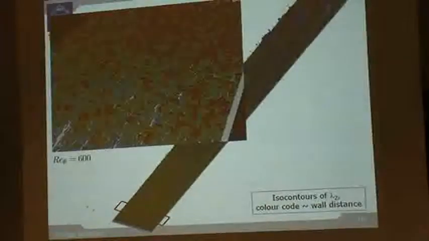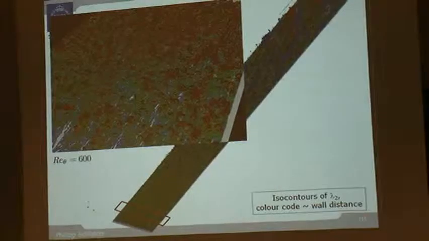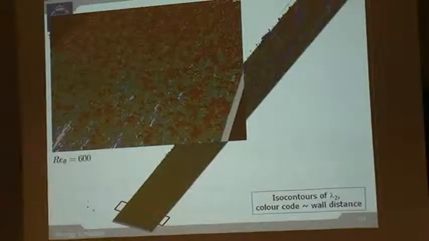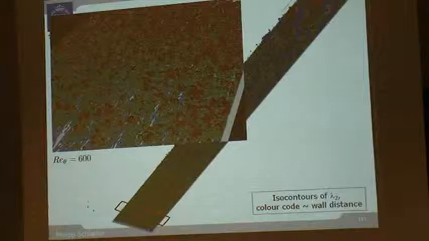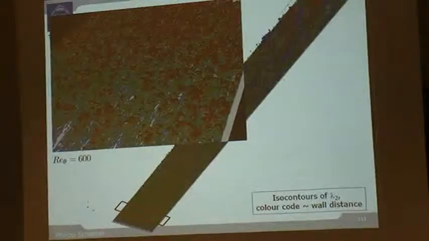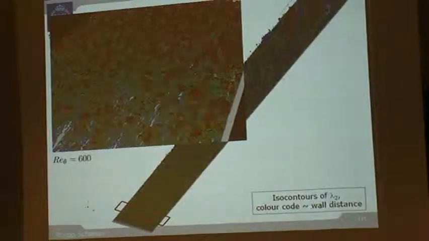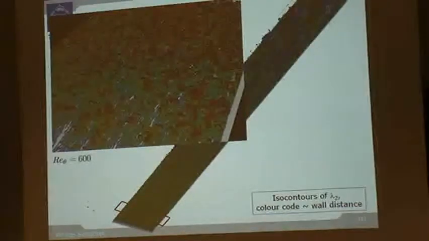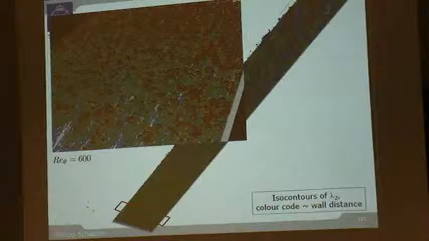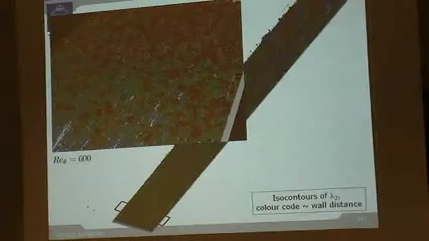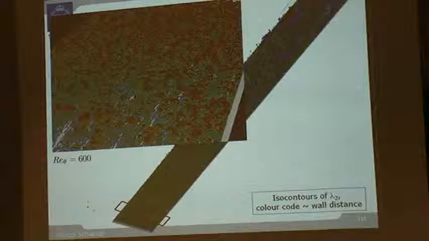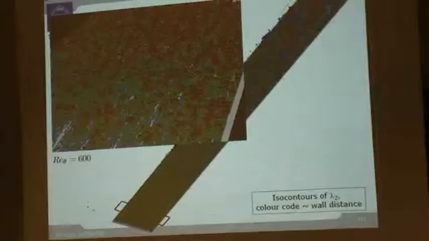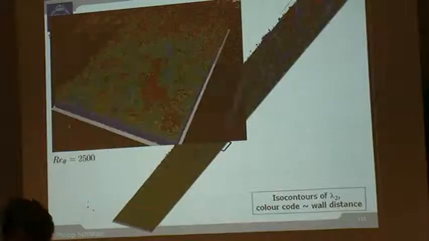So if we go now to a region which is still very close to the inlet, but in my opinion still very much dominated by transition to turbulence, we actually see many of these little hairpins. I don't know how good the quality now is for this picture, but they are really all over the place, heads of hairpin vortices. So close to the inlet, close to where transition happens, hairpin vortices are presumably the dominant flow structure.